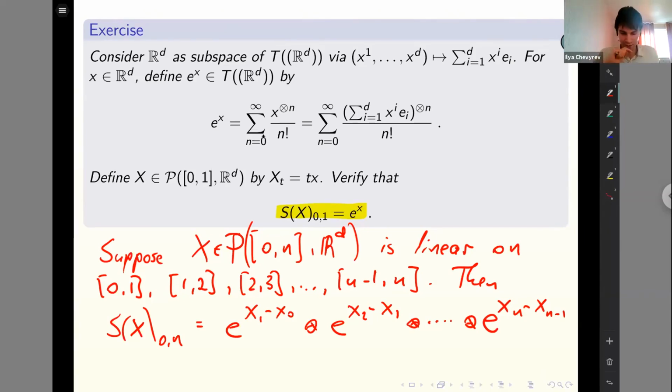And this is exactly what the libraries that compute signatures actually do. They define a multiplication of two arbitrary power series together, and then they use this formula in order to compute the signature of a piecewise linear path.